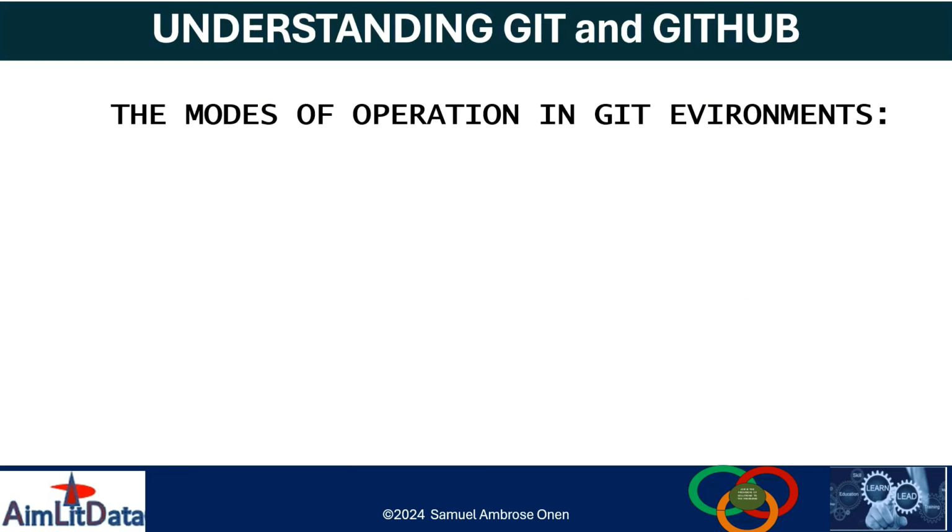So now the modes of operation in the Git environment. My friend, this is now what we are going to start doing. We are going to configure our Git with our email ID, with our name, and then we will decide whether we want to have a default branch configuration as well.